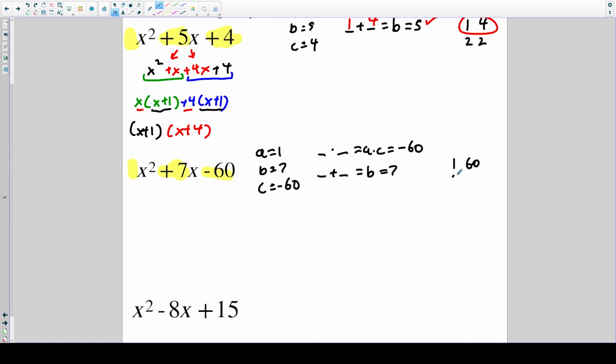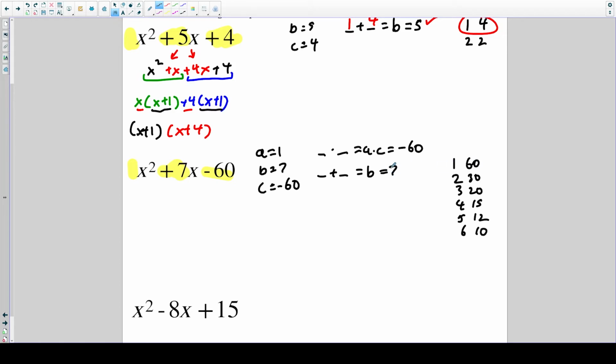1 times 60, 2 times 30, 3 times 20, 4 times 15, 5 and 12, 6 and 10. And then now this is when we consider that negative. If we have a negative 60, that means that only one of these numbers is negative, or only one column. So is it going to be the larger number or the smaller number that has to be negative? Well, we're going to look at our sum here.